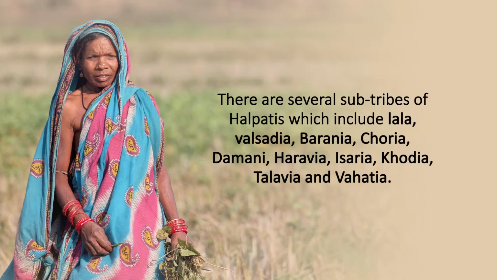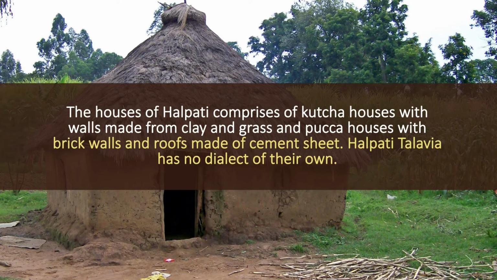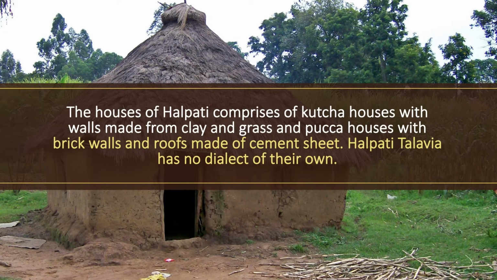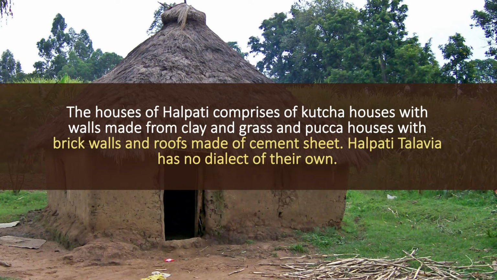There are several sub-tribes of Halpatis which include Lala, Valsadia, Barania, Choria, Damani, Haravia, Isaria, Khodia, Talavia and Vahatia. The houses of Halpati comprises of kacha houses with walls made from clay and grass and pakka houses with brick walls and roofs made of cement sheet.